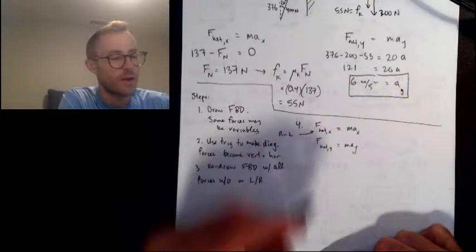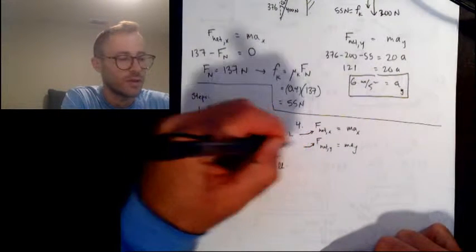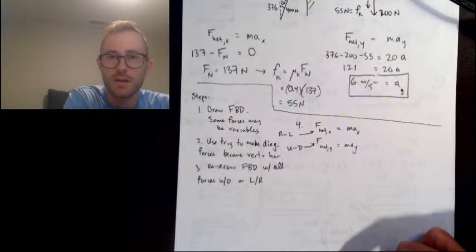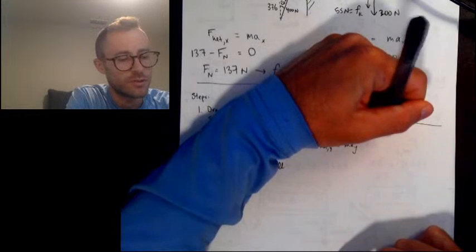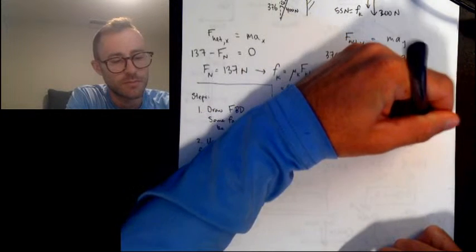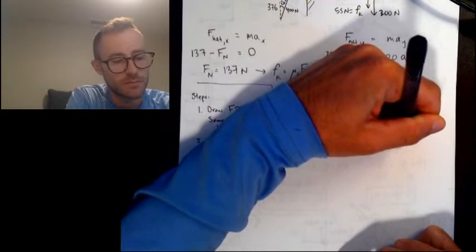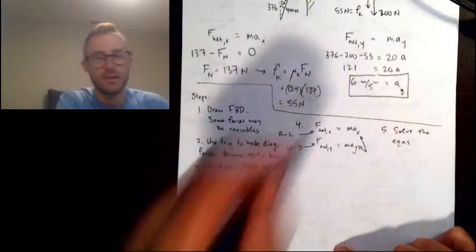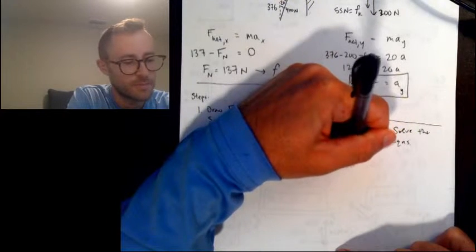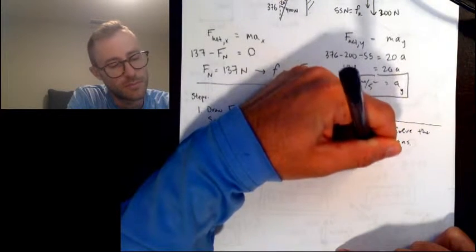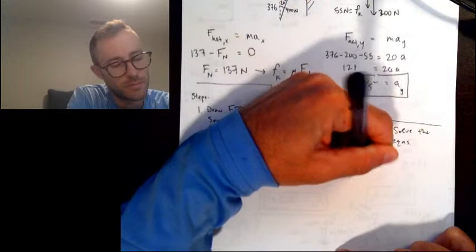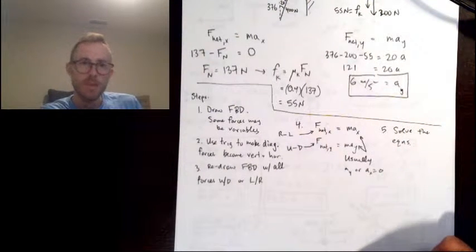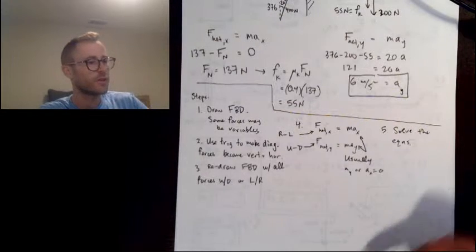The net force in the y direction is up forces minus down forces. And then all you have to do is solve the equations. So those are the steps for solving this kind of problem.